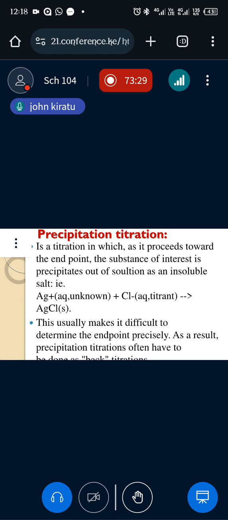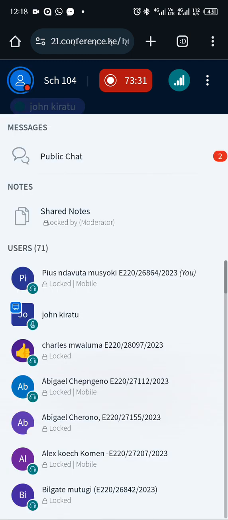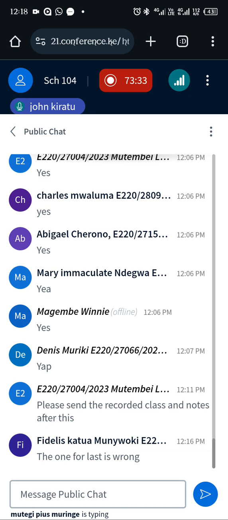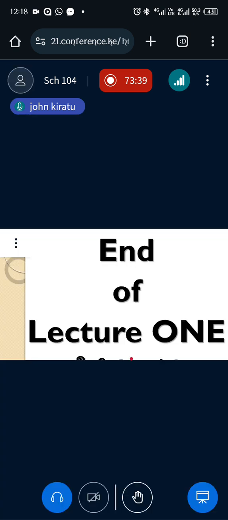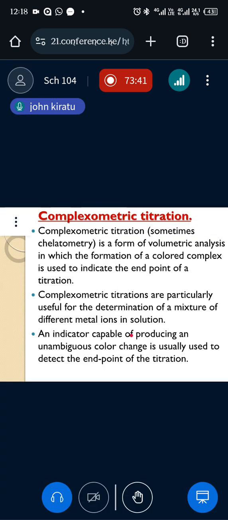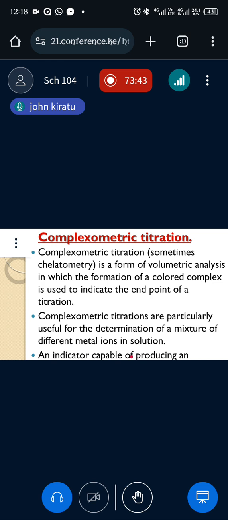So next week, I'm seeing here, we have the complexometric titration, which you have done today. That one we learn next week. Next week, I'll be having a research tour somewhere, so I would be in the university.